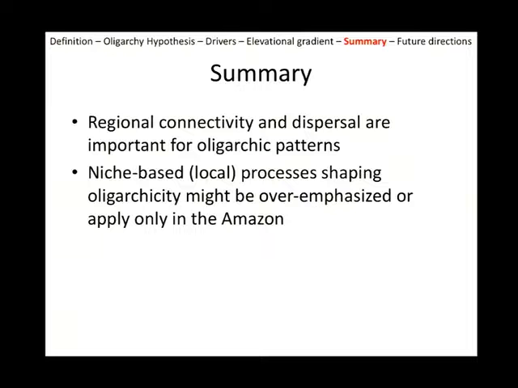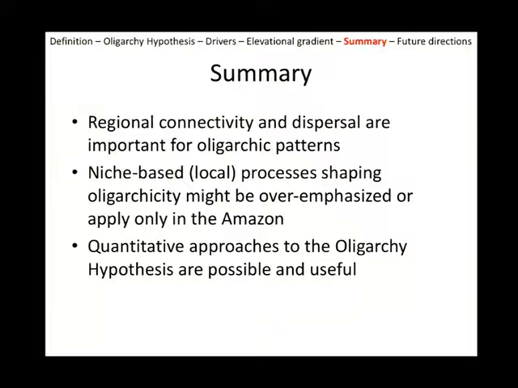But these results indicate that to a large degree the species that are common in different sites are unrelated and are determined by stochasticity and drift of abundances in the different sites. And a more general conclusion is that quantitative approaches to the oligarchy hypothesis are possible and are potentially powerful to describe floristic patterns in tropical forest.